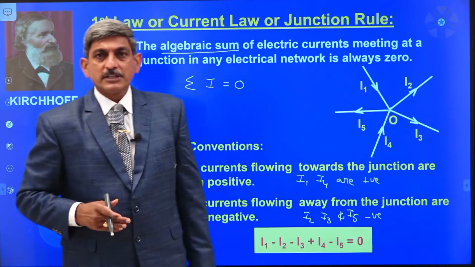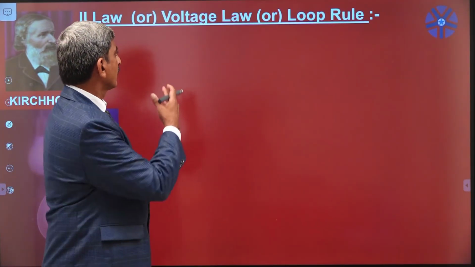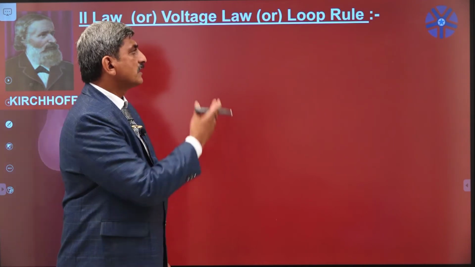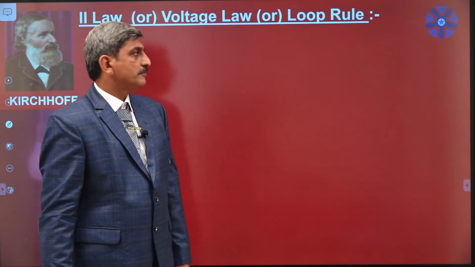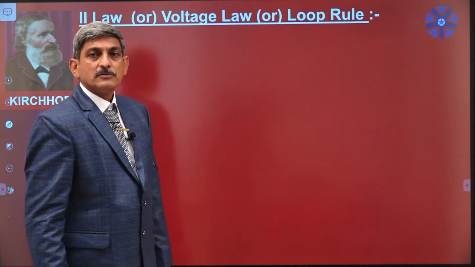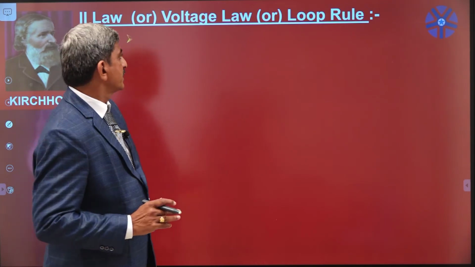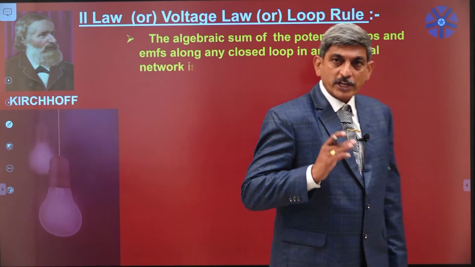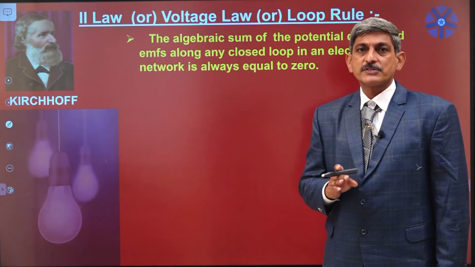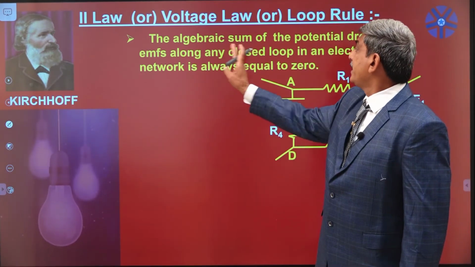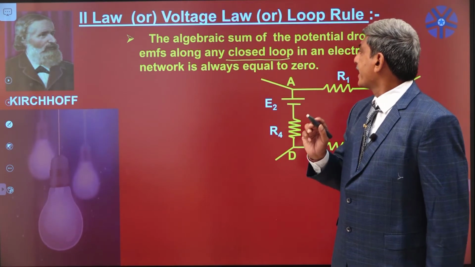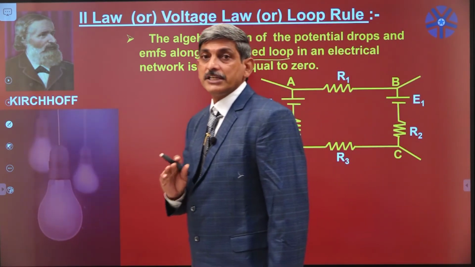So I am going to explain Kirchhoff's second law, that is also called the voltage law or rule. Now, Kirchhoff's second law states that the algebraic sum of the potential drops and EMFs along any closed loop in an electrical network is always equal to 0.